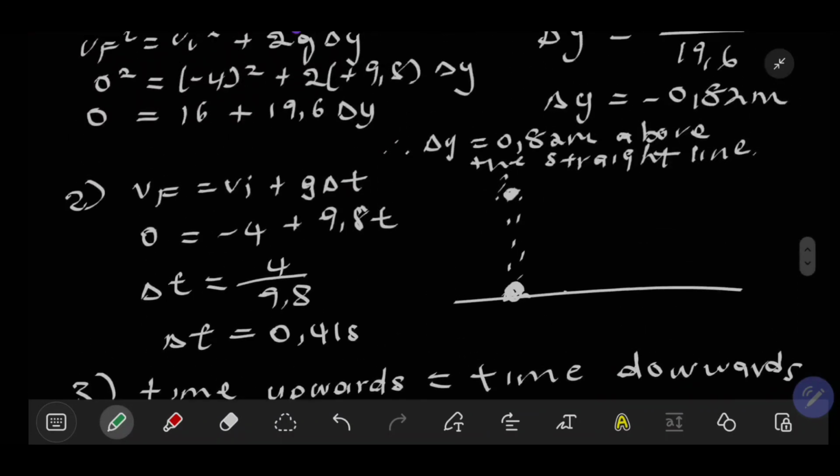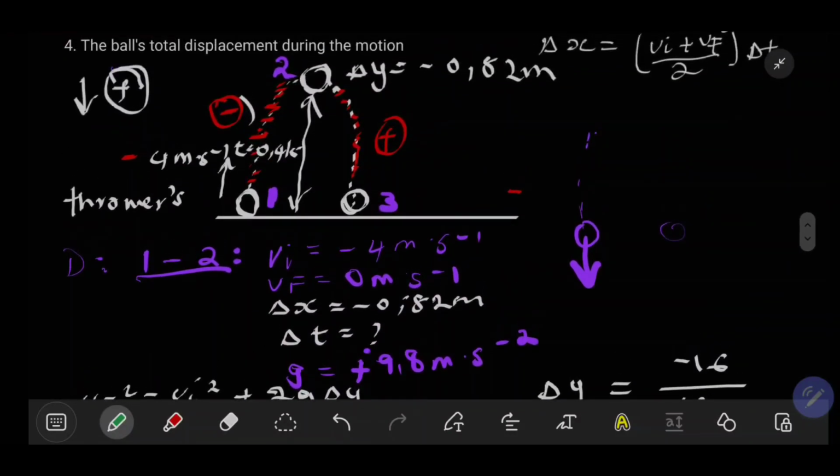When we look at this motion, the ball traveled a distance because it went up and then came down. Our initial position was here. The ball went up, reached the maximum height, and then came down to the same position, which is our final position. So you can see that the ball does not have a displacement.